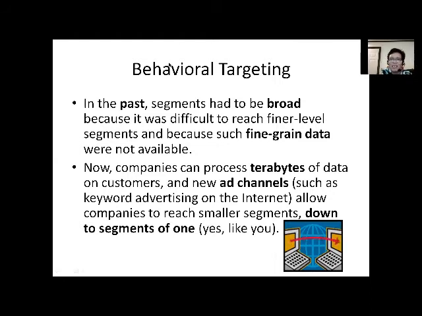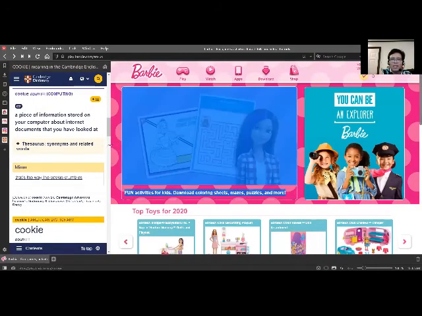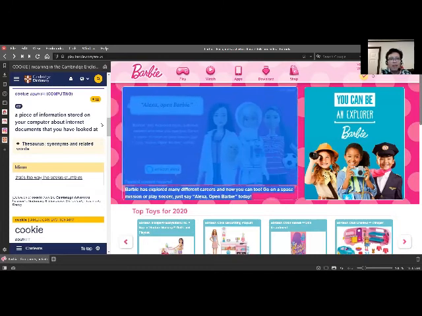Okay, so let's look at a definition of cookie, and we're going to use Cambridge. Okay, so you may be wondering, why is there a Barbie website here? If you came late to the class, I used this earlier as an example, and you'll be able to see the explanation when you watch the video after the class.